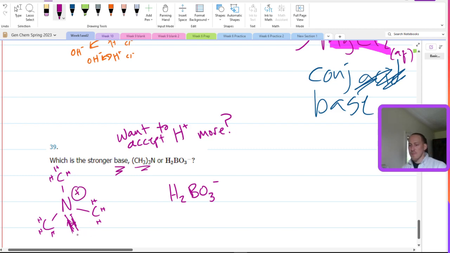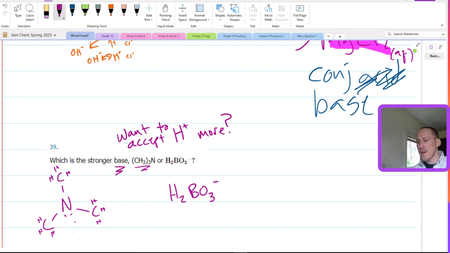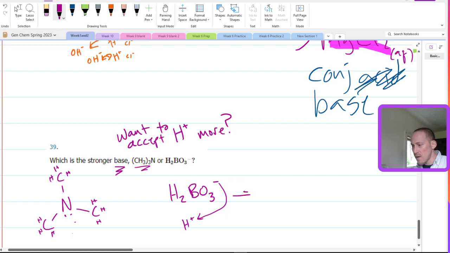The nitrogen would now be sharing one of its lone pair electrons with that proton that came in, which would give it a plus charge. However, on the other hand, there's a lone pair here that's represented by that minus. And if a proton comes along here and that lone pair and that proton get together, now we went from having a minus charge to no charge.